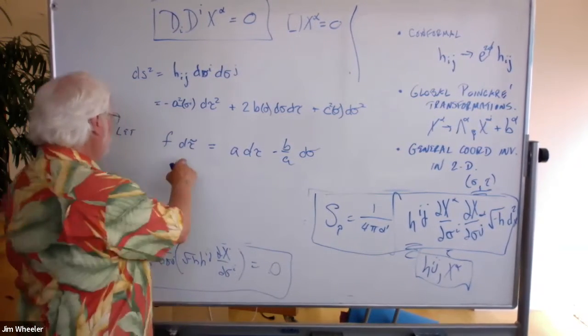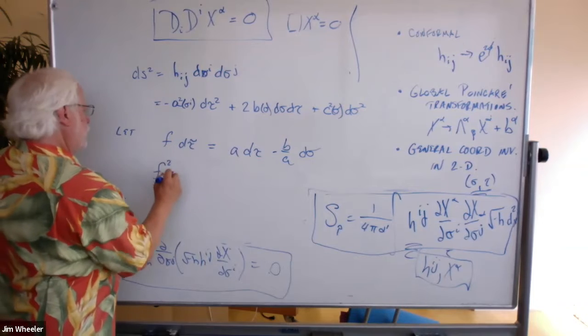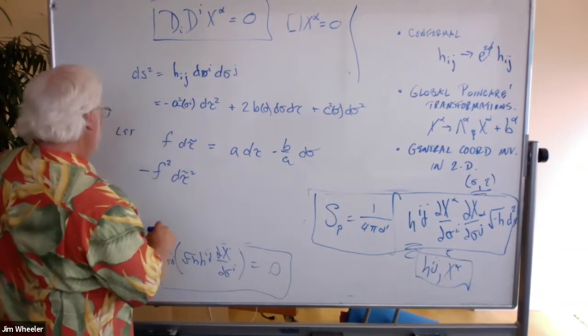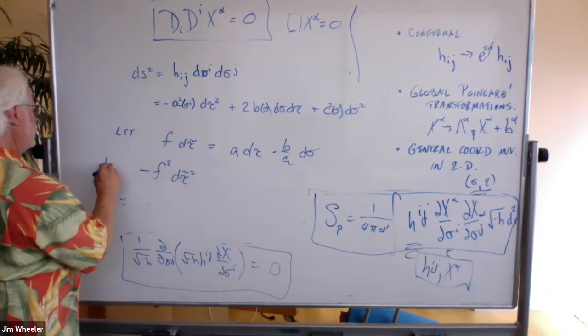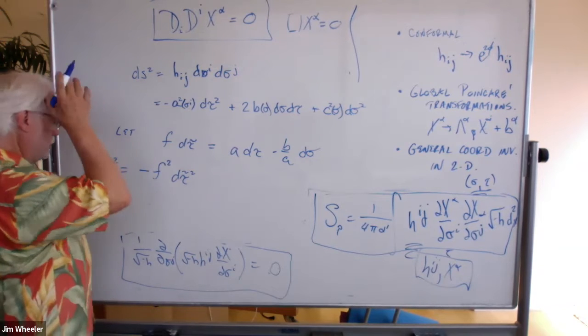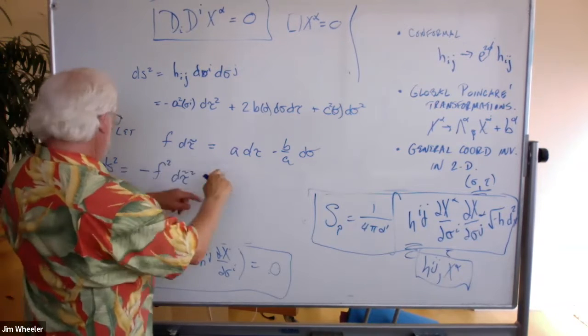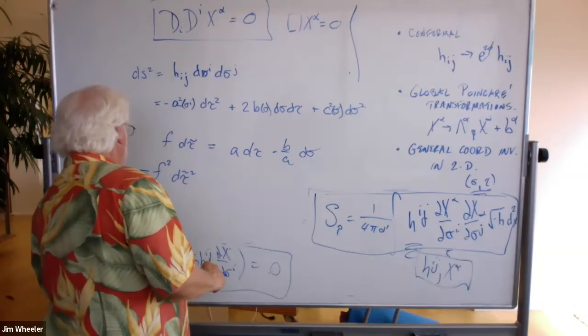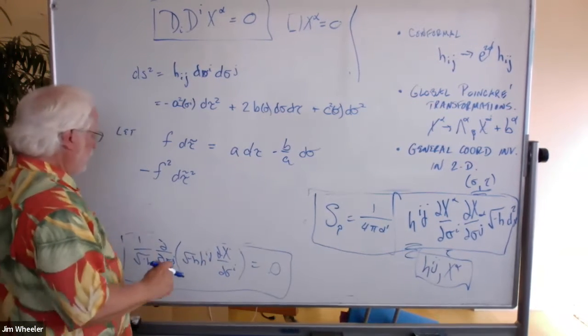So now, in terms of this new coordinate, I have f squared d tau tilde squared minus that, right? So ds squared is equal to, let me write this out first.